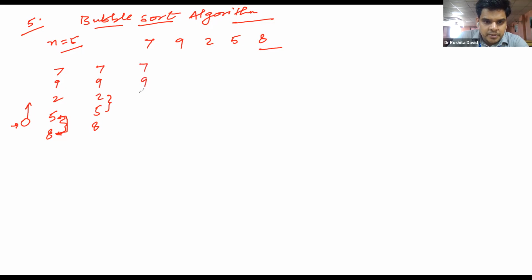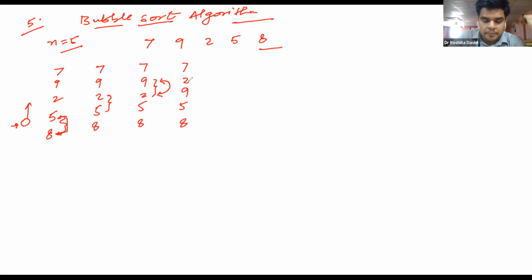Next I will compare these two. Now the next is lesser than that, so it will swap. So 2 will go up. Since I'm swapping these two numbers, I put an arrow like that.